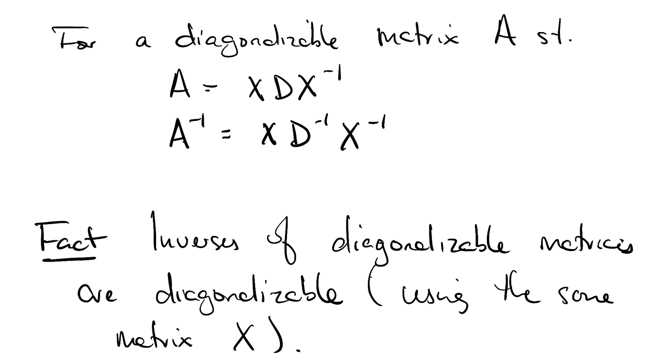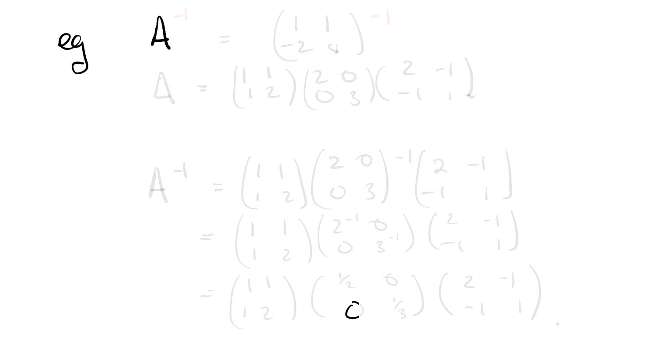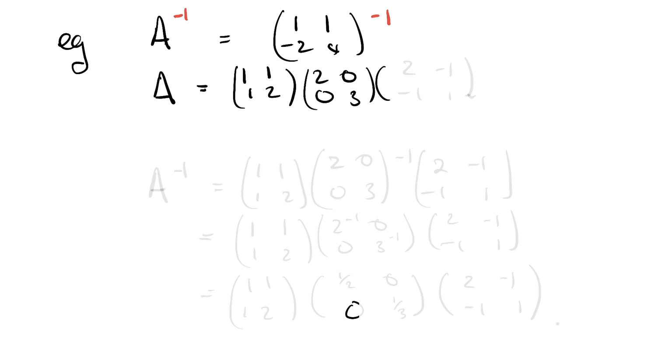Let's do an example. Here's our running example. A is [1, 1; -2, 4]. We want to find the inverse. We know that A is equal to [1, 1; 1, 2] [2, 0; 0, 3] [2, -1; -1, 1].